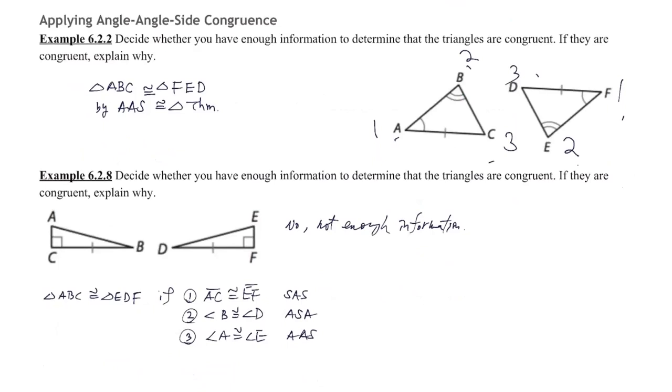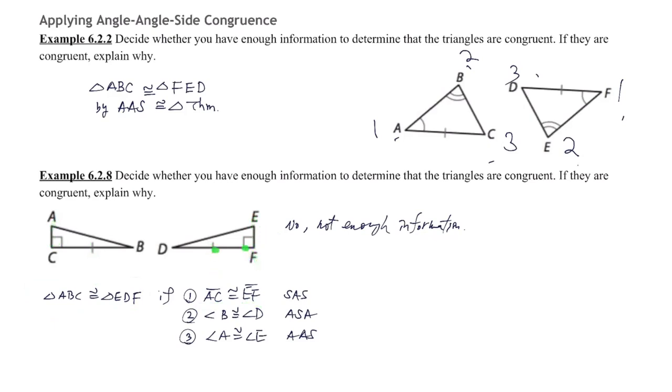And for the next one, we don't have enough information. Well, not yet anyways, right? We know that these two angles are the same because they're both 90 degrees, and we know this is the same, and we're done. That was it. However, these two will be congruent if AC and EF were the same. AC and EF, then that would become what? Side, angle, side, wouldn't it?